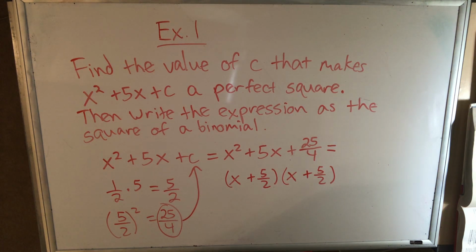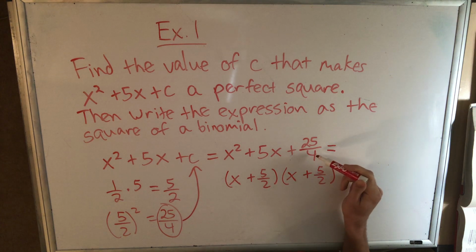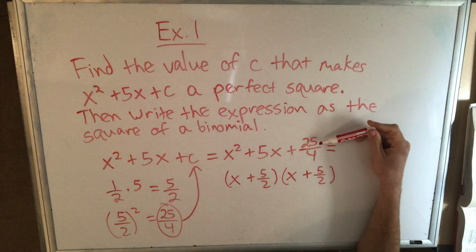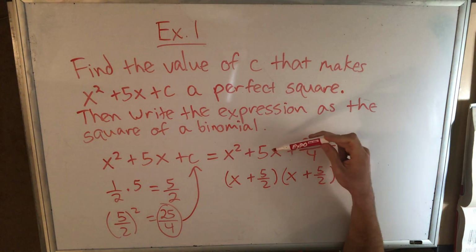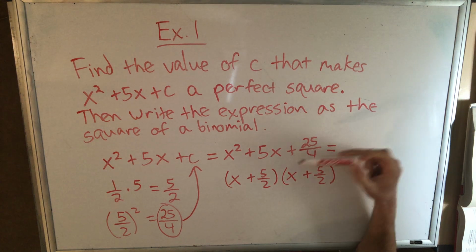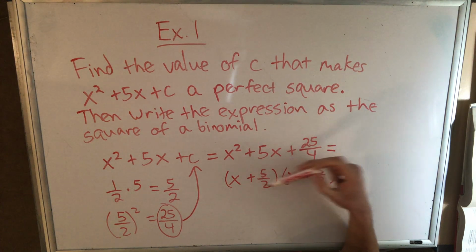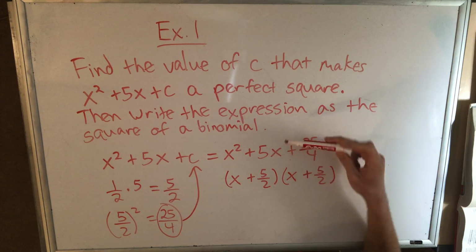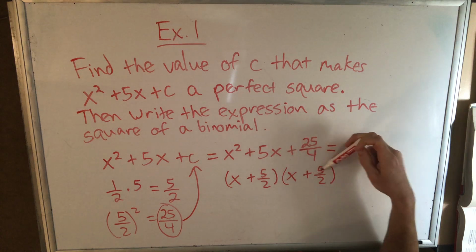So the reason why is anytime you have a variable squared term not being multiplied by a number, a variable term, and a constant, the constant is the square of half of the coefficient of the variable term, you can factor it in this way, where you have the variable at the beginning of each of the parentheses and the square root of the constant, or half of the coefficient of the variable term, at the end of each of the parentheses.